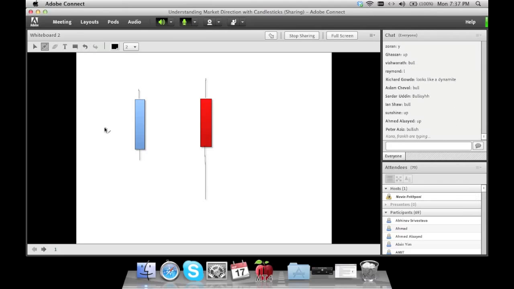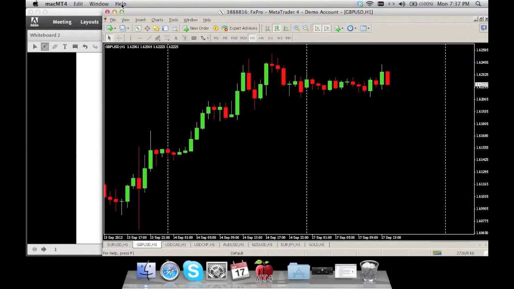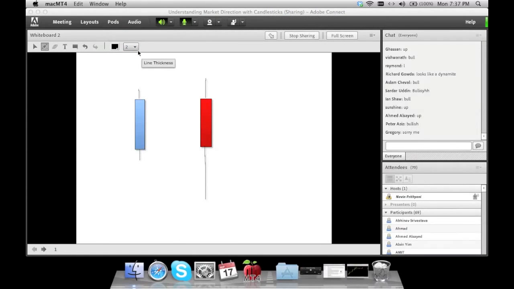It simply means that the market in that particular candle went long. Each candle represents a specific time frame, and what the time frame is depends on your MetaTrader. You can set it to whatever you want, the 1 hour, 30 minutes, 15 minutes. If you set your charts to the 1 hour time frame, each of these candles represents 1 hour worth of data.